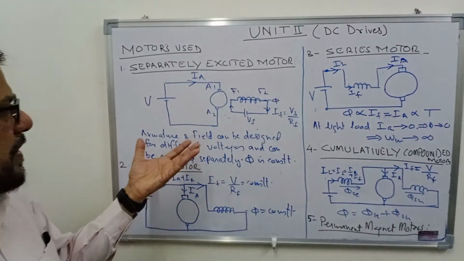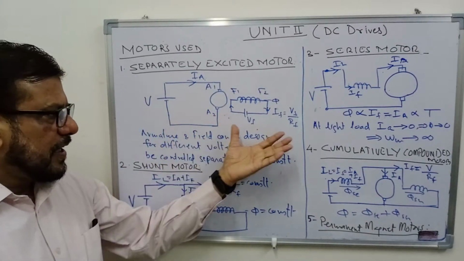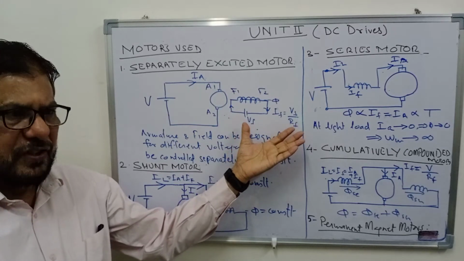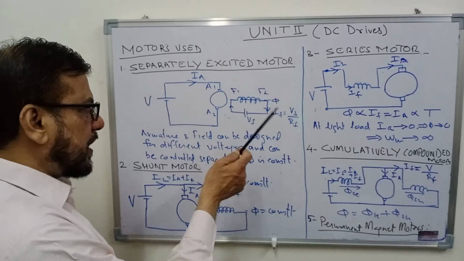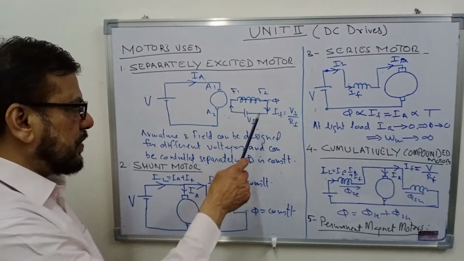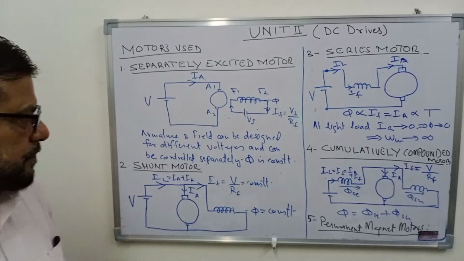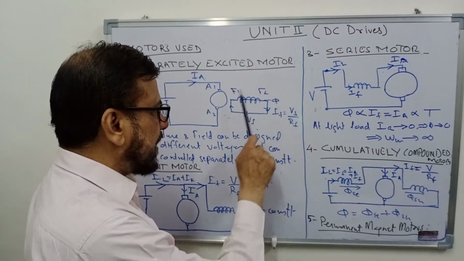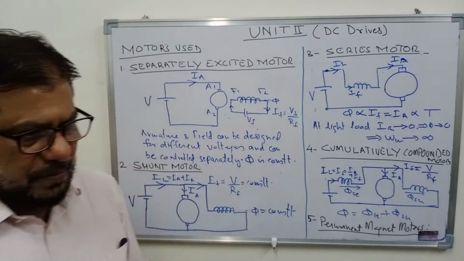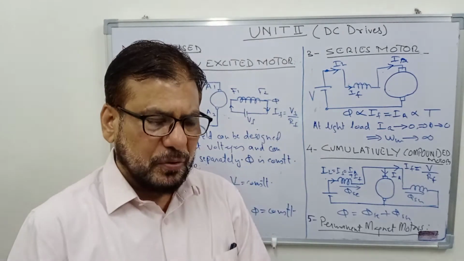So you may design a motor with a 230 volt armature circuit and a 150 volt field circuit. This is possible, and both can be controlled separately so that you can vary the field current keeping the armature voltage constant. The field winding is placed on the stator, the armature winding is on the rotor.